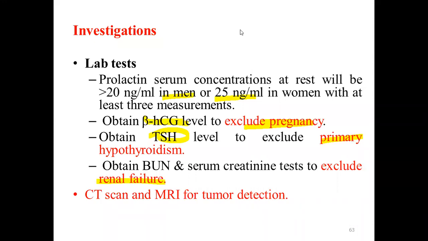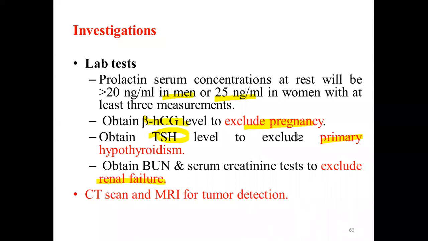Because there is reduced renal elimination. Yes, because of reduction in the renal elimination. Of course, the kidney is the principal organ to eliminate prolactin from the serum, in addition to the liver, but the kidney is the principal route of elimination.